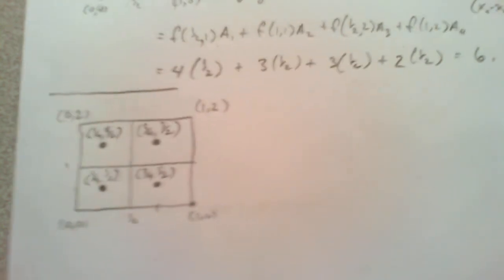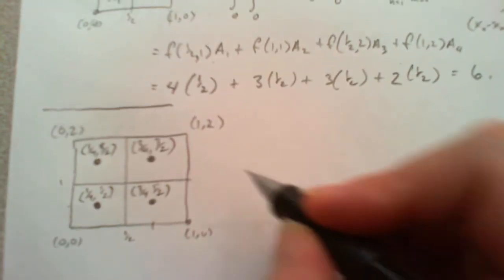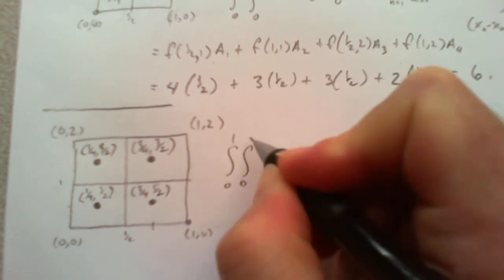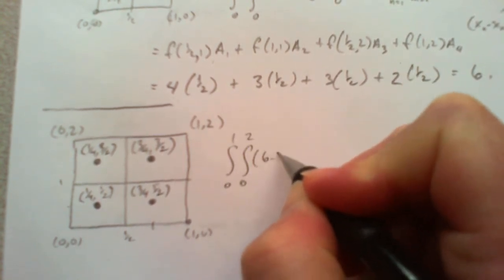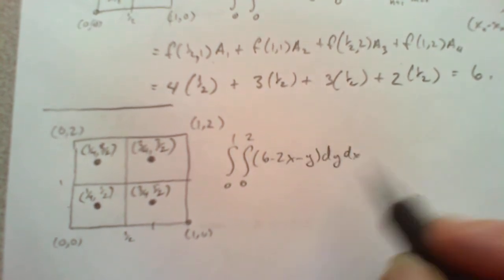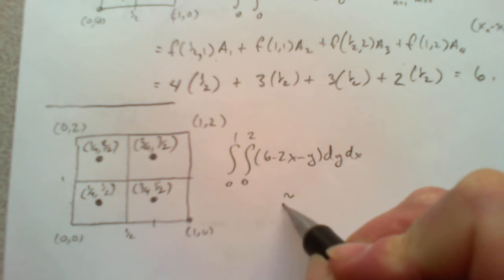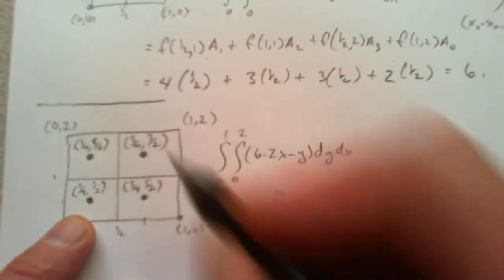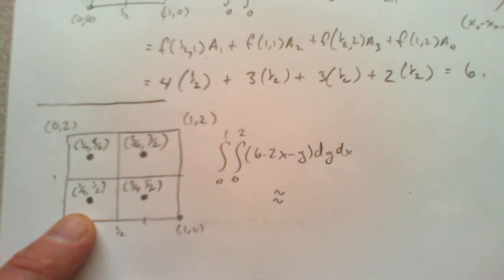Now when you do this, you're going to get this double integral from 0 to 1, 0 to 2, of 6 minus 2x minus y dy dx, which is approximately, plugging in these points, and all these pieces still have area 1/2.